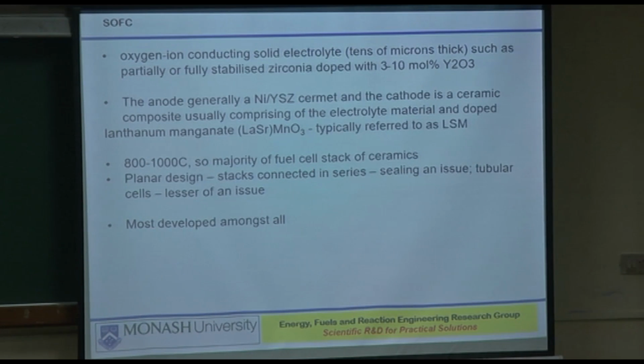The anode generally is nickel yttrium stabilized zirconia. YSZ stands for yttrium stabilized zirconia. And the cathode is a ceramic composite, usually comprising the electrolyte material and doped with what we typically call LSM. It's a compound of lanthanum, strontium, and manganese oxide.